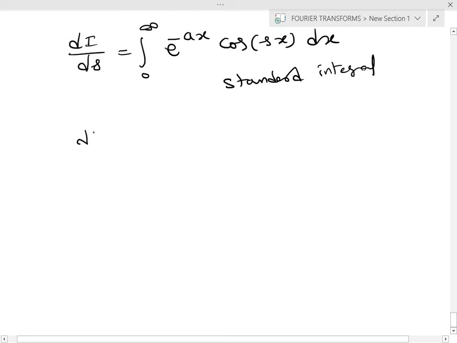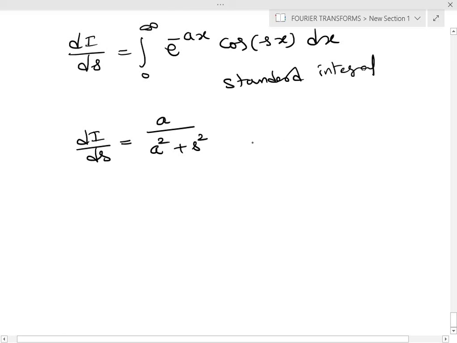This can be written as dI/ds equal to a divided by a square plus s square. Correct.